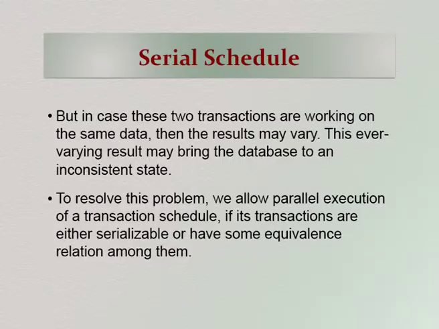One transaction needs to wait and the other transaction is allowed to happen, and only then can the second transaction happen on the same data item of the table. But if these two transactions are working on the same data, then the results may vary. So which transaction needs to be allowed first and which next?